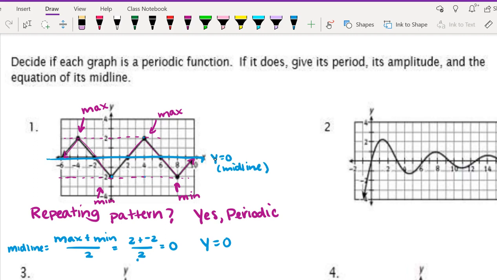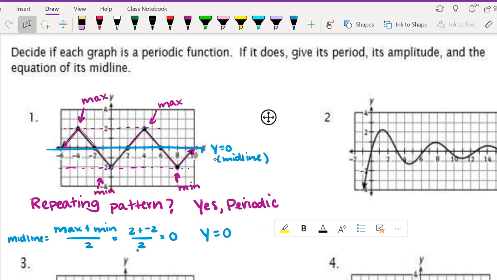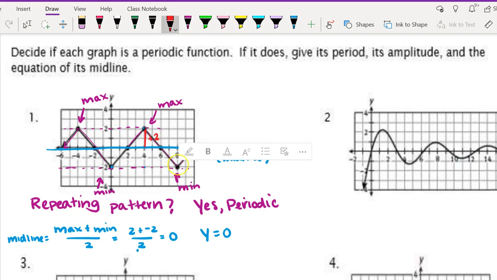And the amplitude is the number that I go up or down from the midline to the maximum and the minimum. So in this case, from the midline, I go up 2 units, or also I travel down 2 units. The amplitude is always going to be a positive value.